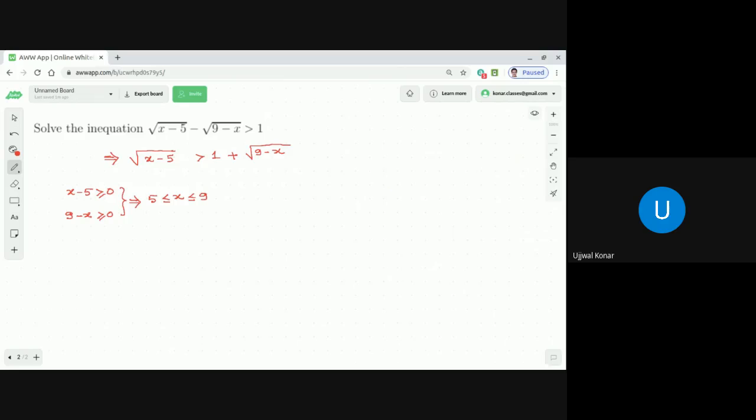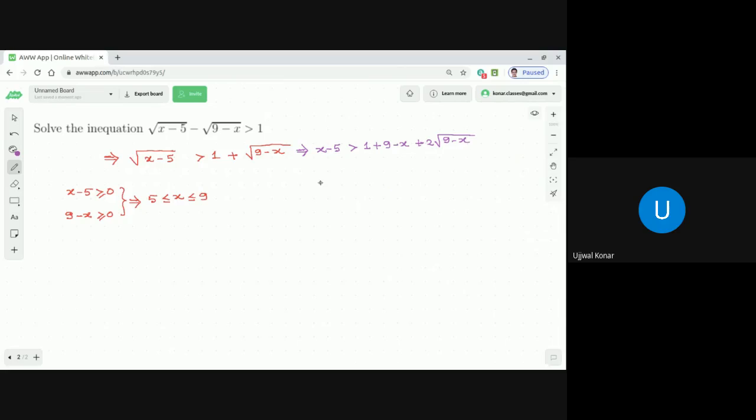Now, let us concentrate on squaring both the sides, dear students. We can make the squares of both the sides, no? From this, what are we going to get? In the left hand side, we will get x minus 5 is greater than 1 plus 9 minus x plus 2 into square root of 9 minus x.